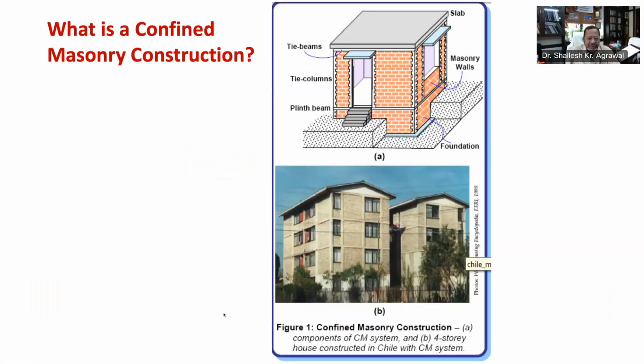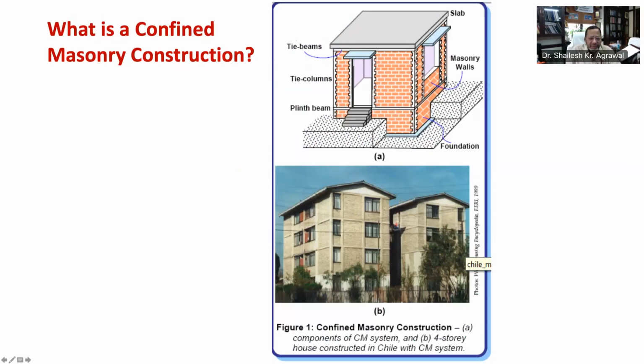Let's first understand the basics of confined masonry through figure number 1. Confined masonry typically consists of, as you can see in figure 1A, a traditional strip foundation in masonry, as you often find in conventional masonry construction. Then you have an RCC plinth beam. Then you have masonry walls, that is brick or concrete walls built on top of the plinth beam.